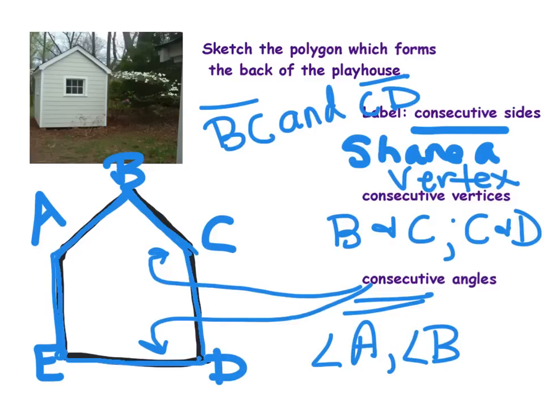They share one of the rays. So they share a side. Angle C and angle D, they're consecutive angles. They're in order. Not consecutive would be something like A and C. They skip around. We're looking at ones that are side by side, or consecutive.